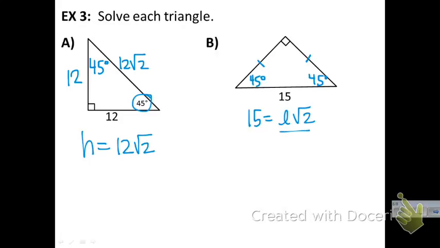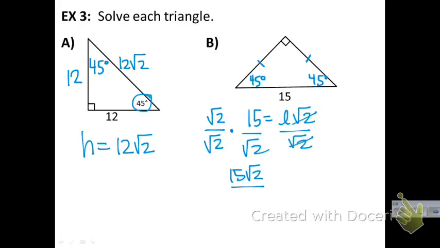From here, to solve for the leg, we just divide by root 2, which is why we practiced examples 1 and 2. And then you have to get rid of that root 2 by multiplying top and bottom by root 2. So we get 15 root 2 all over root 2 times root 2, which gives you 2. And that's your leg. And of course both legs are equal, so you have both legs.